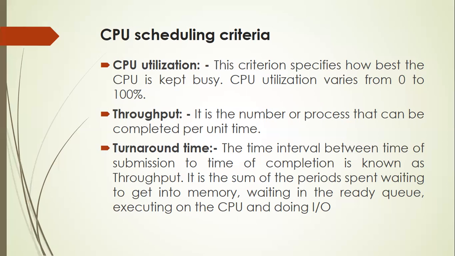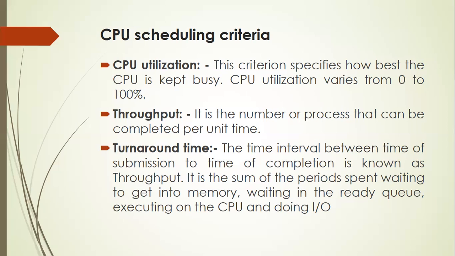If you execute in the order P1, P2, P3, you can complete only P1, because you can't complete even P2, since P2 requires another 6 milliseconds. Instead, if you execute in the order P2, P3, then P1, you can complete two processes. So in the first case, executing in the order P1, P2, P3, since you can complete only P1, your throughput is only 1. In the second example, if you execute P2 first, followed by P3, then finally P1, within the same 20 milliseconds we can completely execute two different processes.